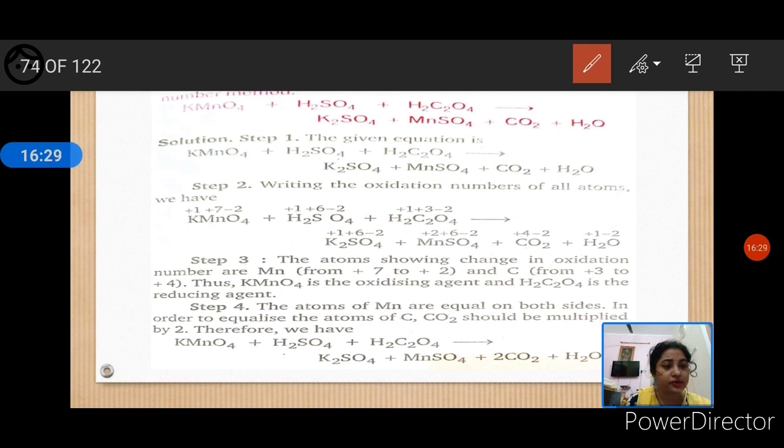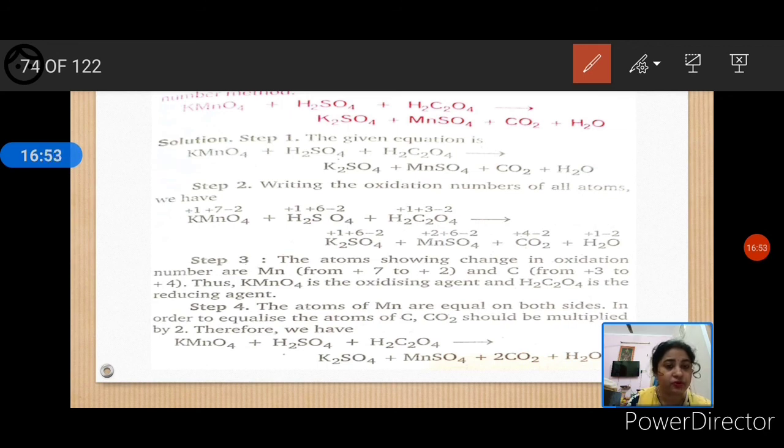After writing, just see that the oxidation number of every atom is now given. KMnO4: potassium plus 1, oxygen minus 2. If you don't know the oxidation number of manganese, we can calculate. 4 twos are 8, minus 8 plus 1, is equal to plus 7.